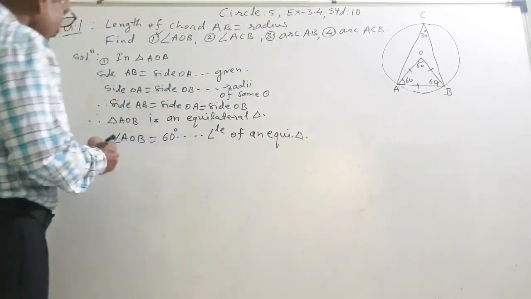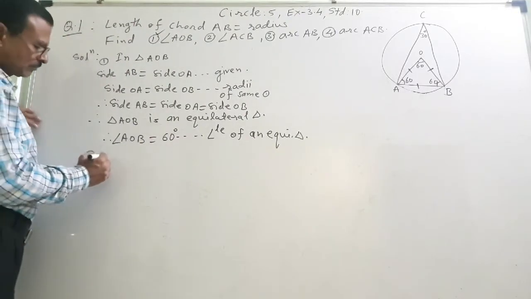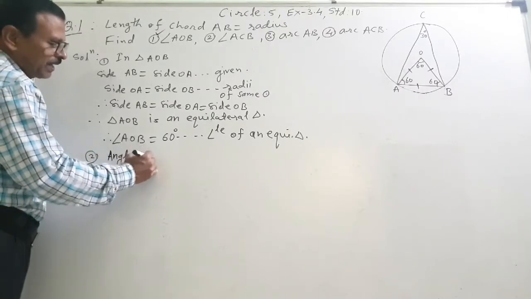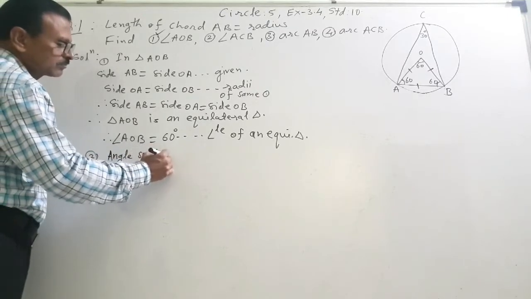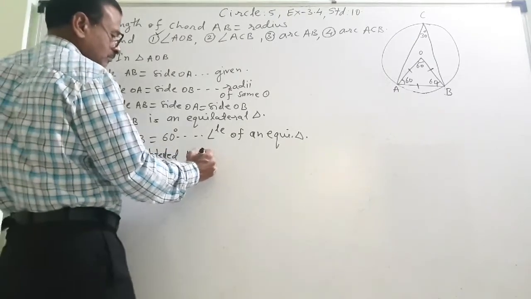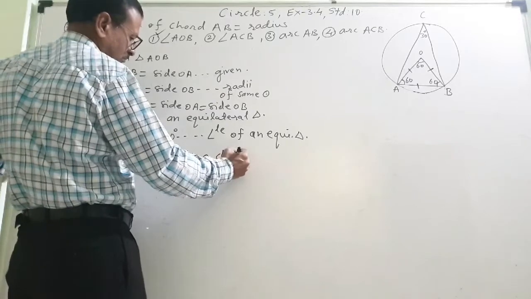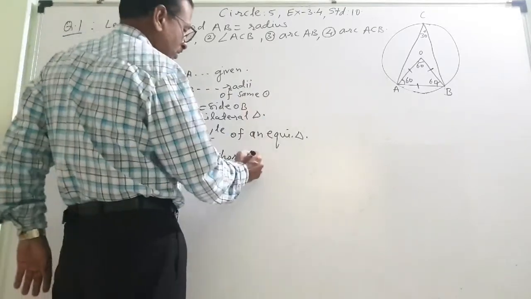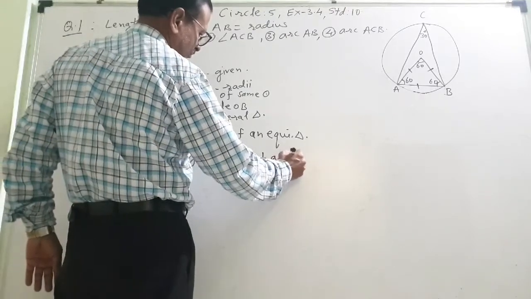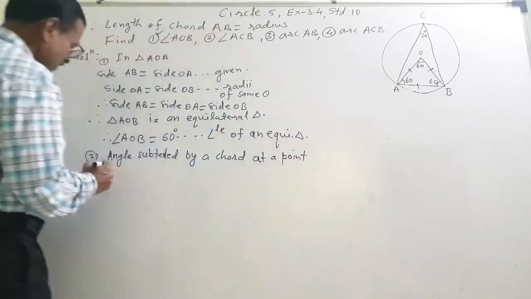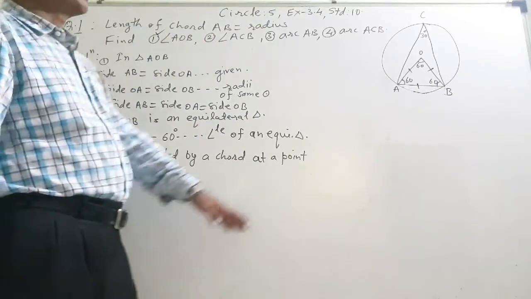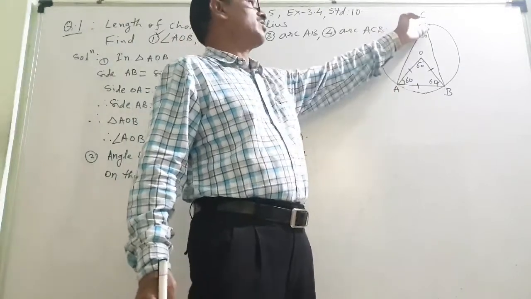So, angle subtended by a chord on the circle at a point on the circle, which is that point? C point, at a point on the circle.